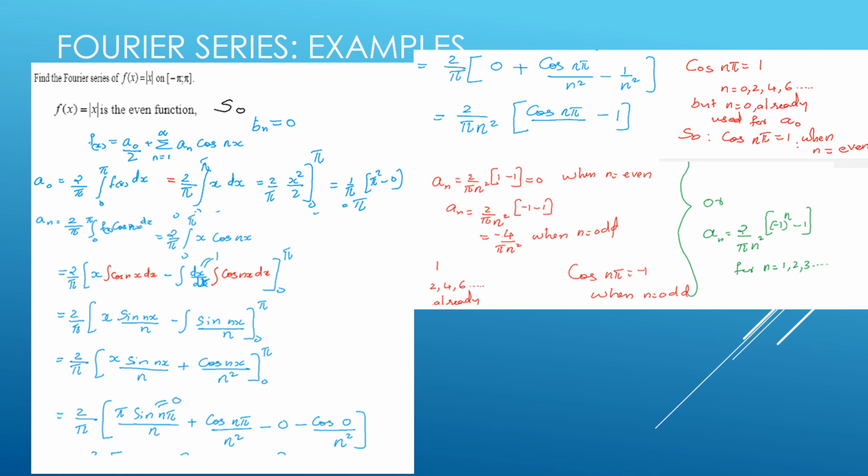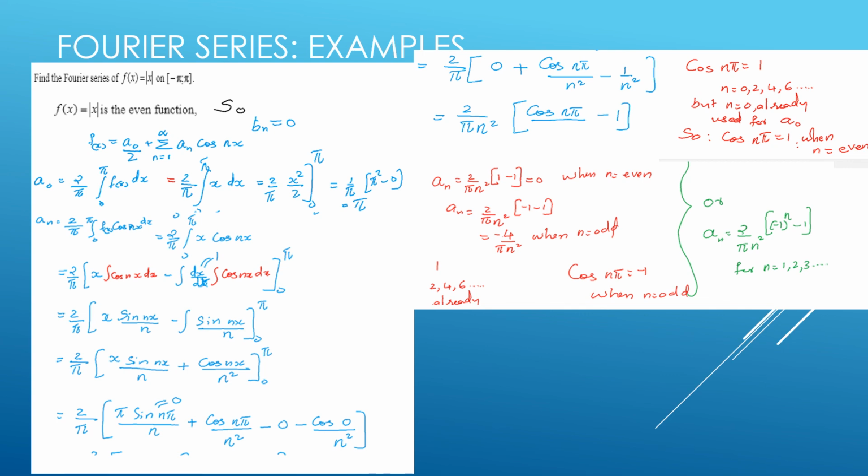Then let's substitute the limits. First the upper limit: pi sin n pi, but sin n pi is 0, so this term goes away. The next is cos nx, that is cos n pi divided by n square, with the minus sign. Then substitute the lower limit. When x is 0, this term becomes 0.